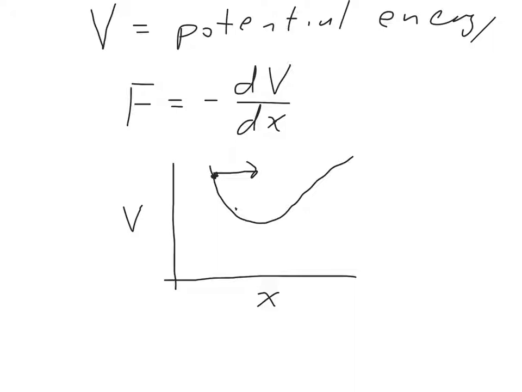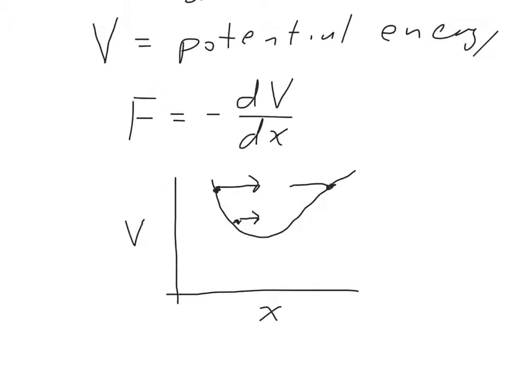At this point, the particle will experience a force also in the same direction, but it'll be smaller because the slope is smaller. At this point, the particle experiences a force in this direction. And down here, right there, the particle is at equilibrium and force is 0.